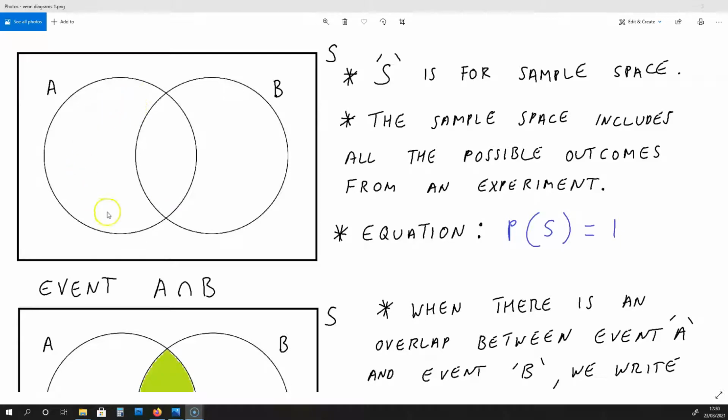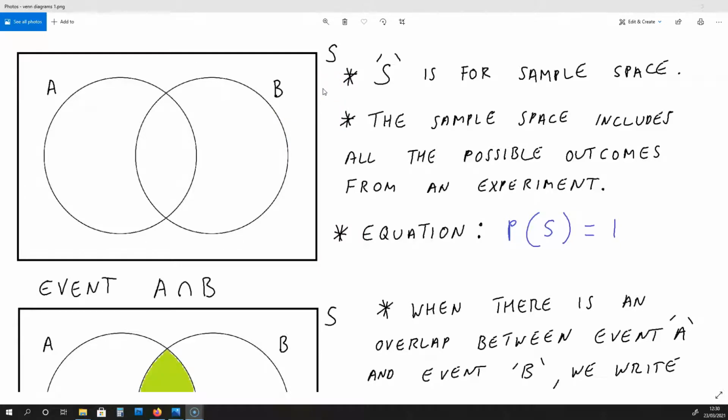So this part of this circle over here would have the value 0.5. This part would have the value 0. This part of this circle over here would have the value 0.5. And this part outside of the circles would have the value 0. So combined, all these spaces would be equal to 1.